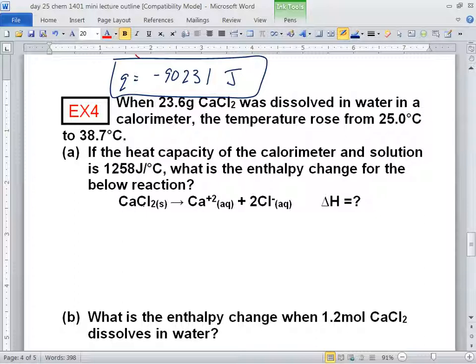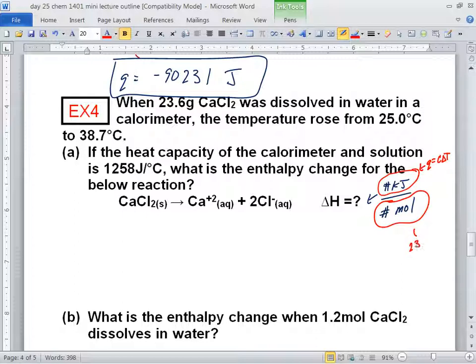Combine what Kendall said and what Alyssa said. This is going to be, I'll just stick with kilojoules since that's what we've been using. Right? So I think Kendall said, okay, use Q equals C delta T to get this. And then Alyssa said, hey, that is 23.6 grams of calcium chloride.